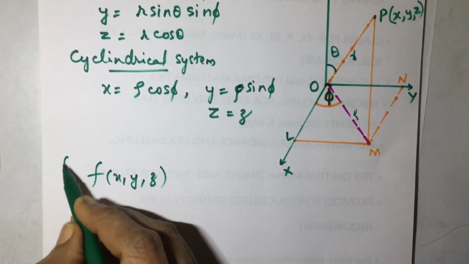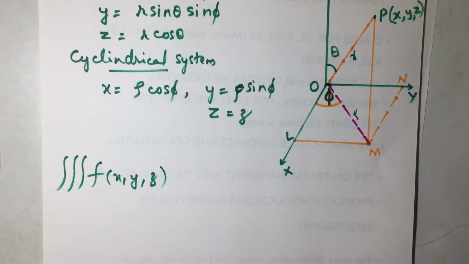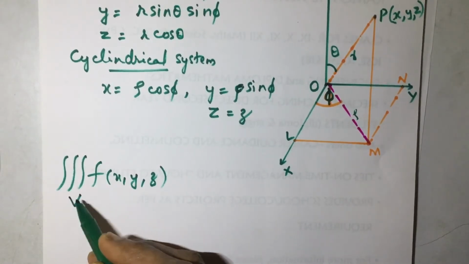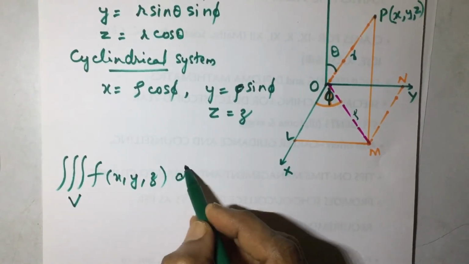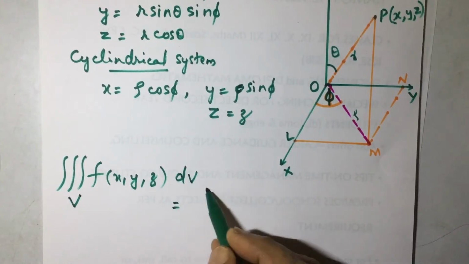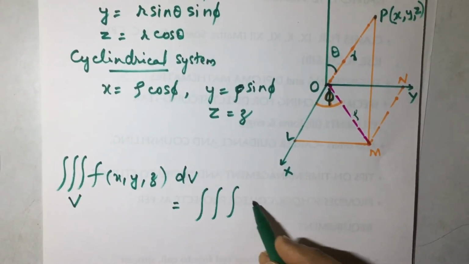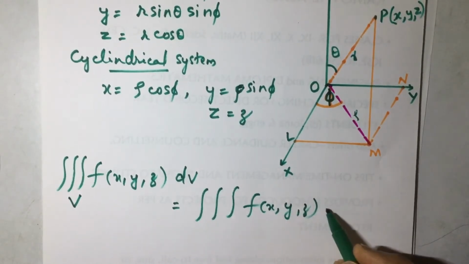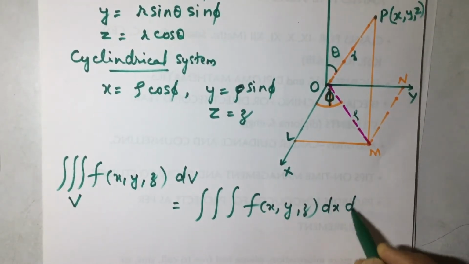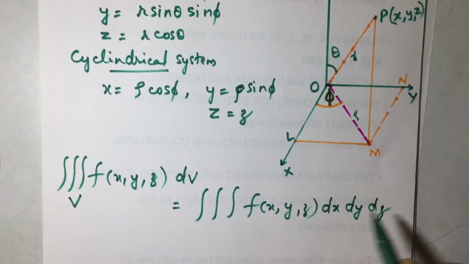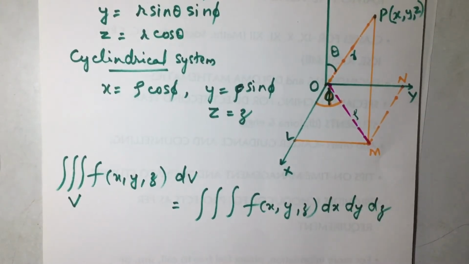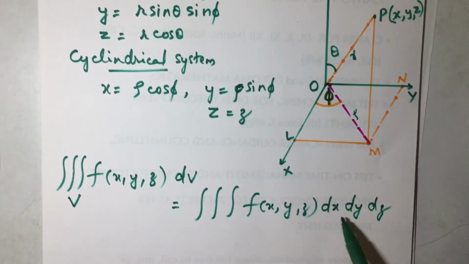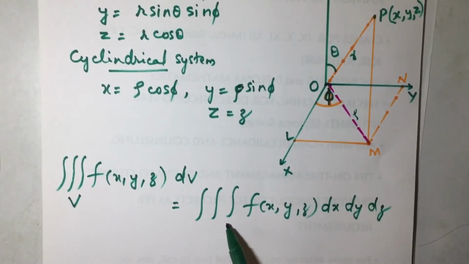Then the triple integral of f(x, y, z) over a region V is given by integrating f of x, y, z dV, where dV covers all three dimensions, so we will write dx, dy and dz, and here you will write the limits, depending on which we will integrate this.